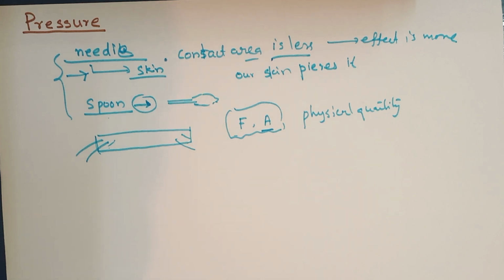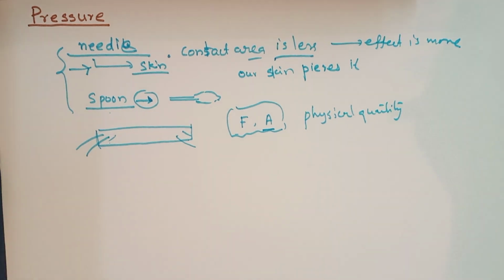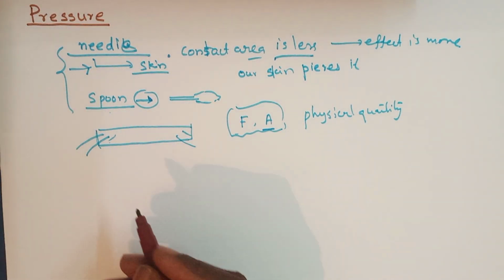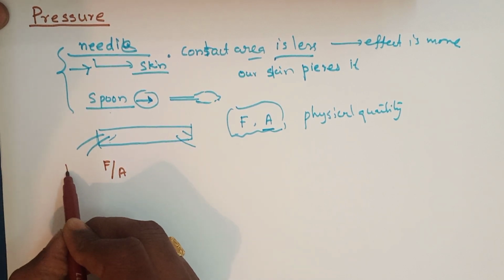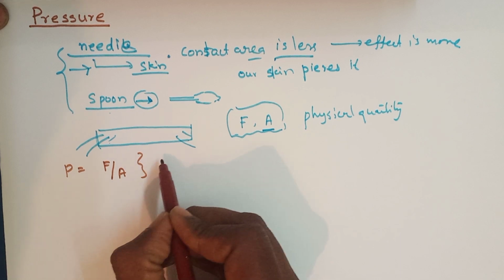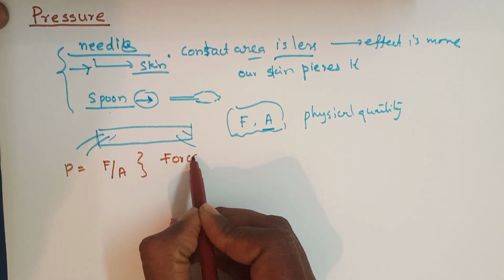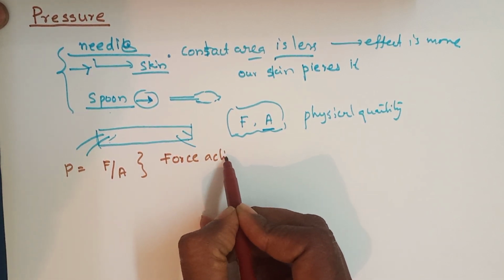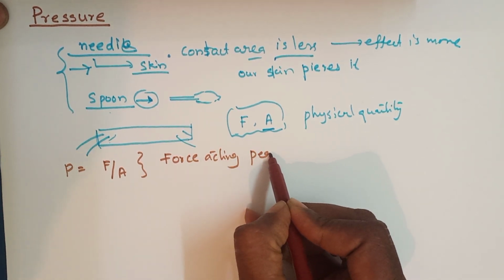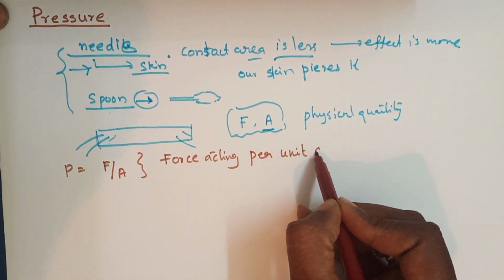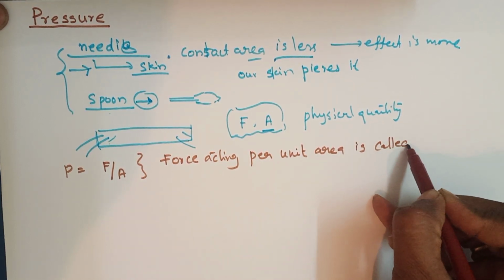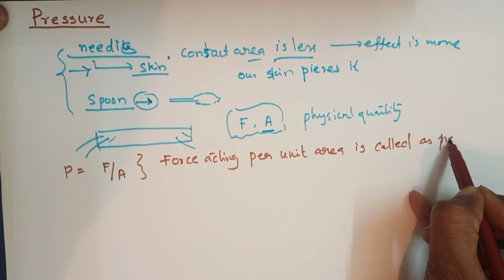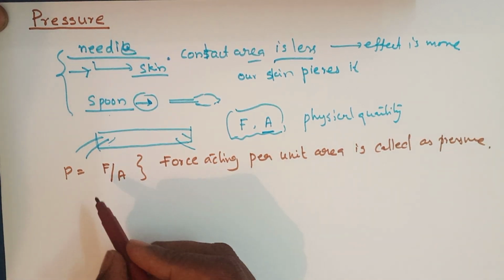So F by A is equal to pressure. Force acting per unit area is called pressure.